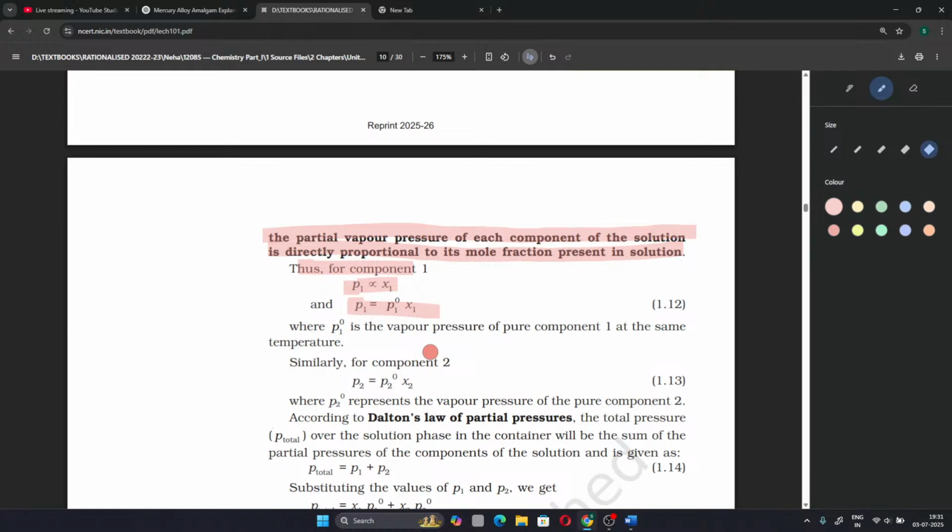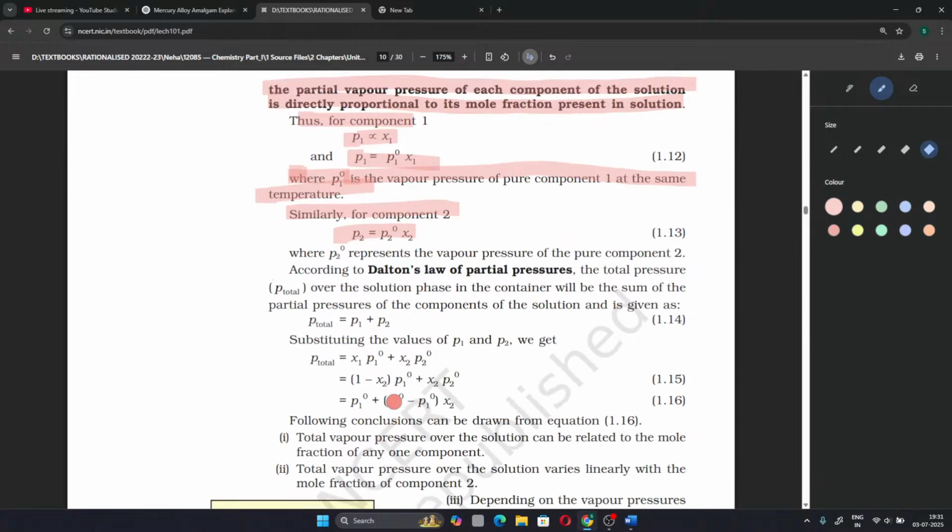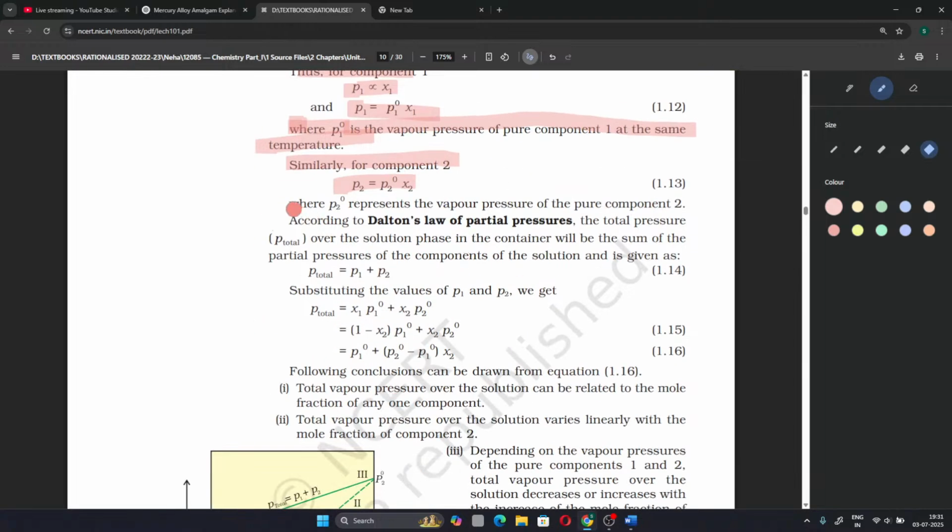P01 is the vapor pressure of the pure component 1 at the same temperature, when it is the only one present. Similarly for component 2, P2 equals P02 chi2, where P02 represents the vapor pressure of the pure component 2.